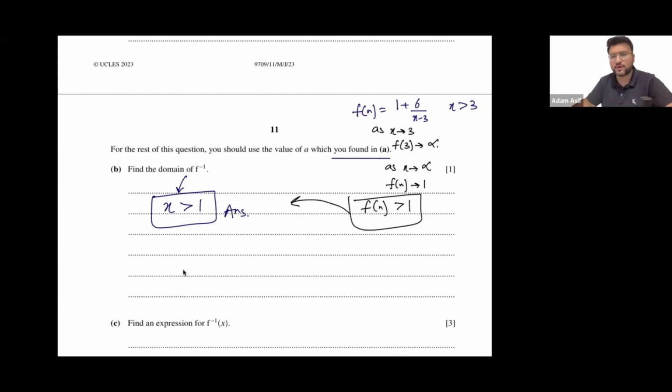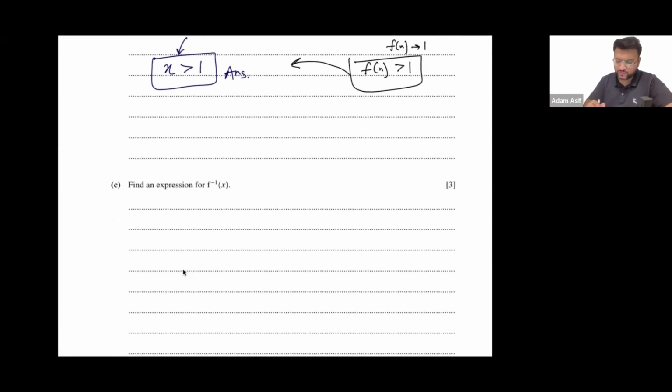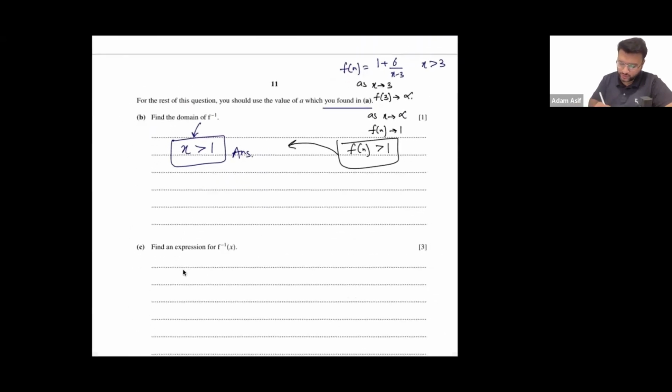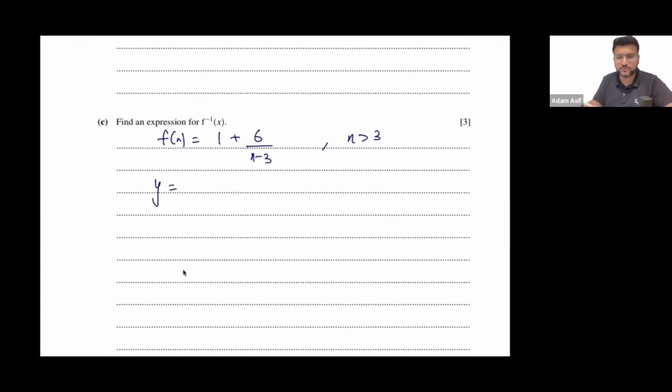Now in the third part, we need to find the expression for the inverse function. Okay, f inverse. So we have the function f of x is 1 plus 6 upon x minus 3. The domain was x greater than 3. Finding the inverse function would require replacing f of x with y. Remember, you need to make x the subject.